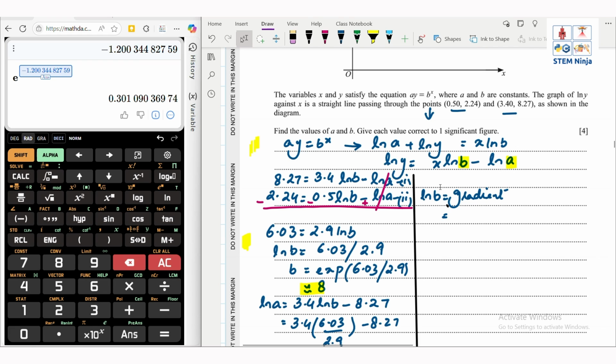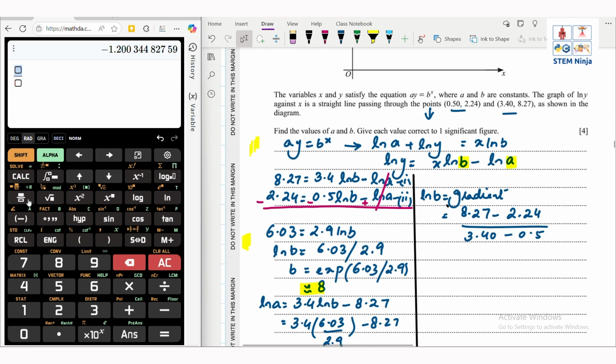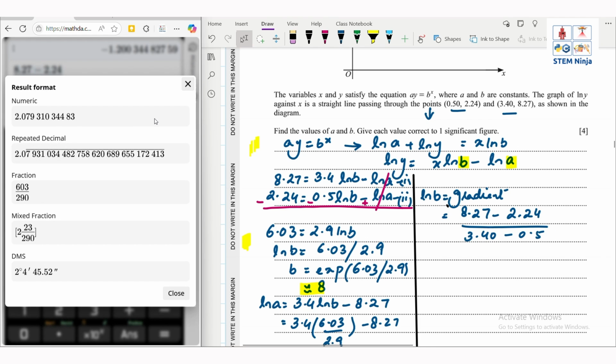So that would be 8.27 minus 2.24 divided by 3.40 minus 0.5. So 8.27 minus 2.24 divided by 3.4 minus 0.5, we get this value, the fraction 603 over 290.